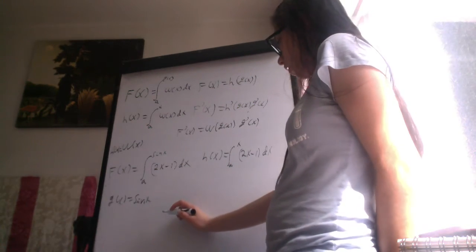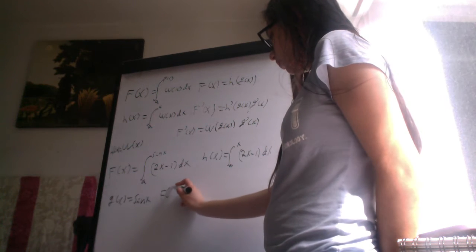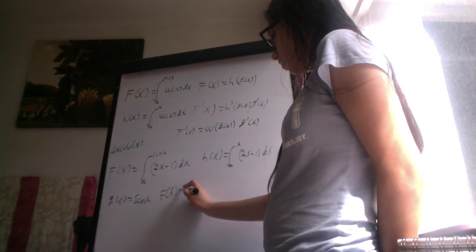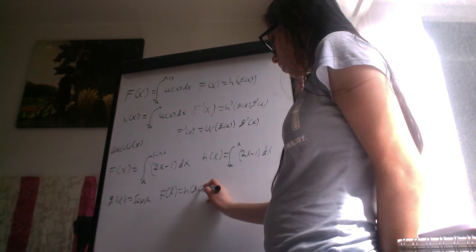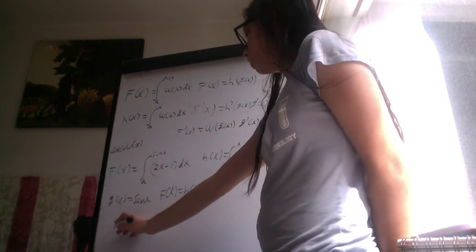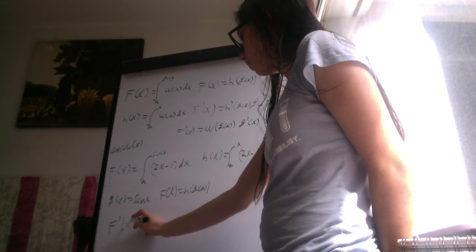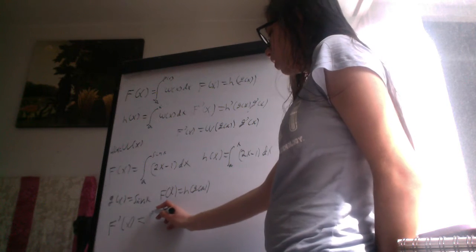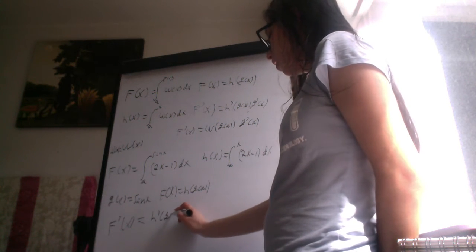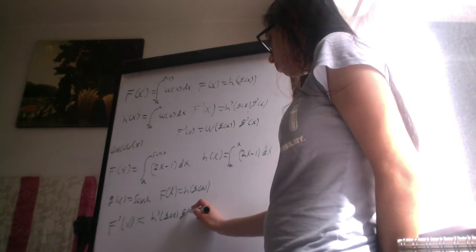Now f of x is equal to h of g of x. So the derivative of f of x, that is f prime, will be h prime of g of x times g prime of x.